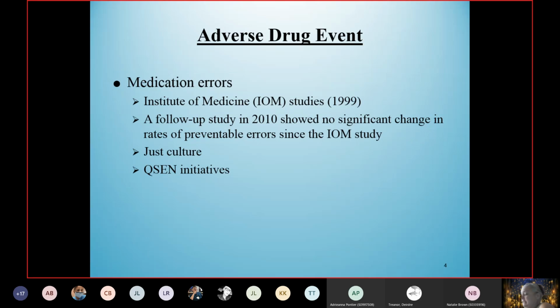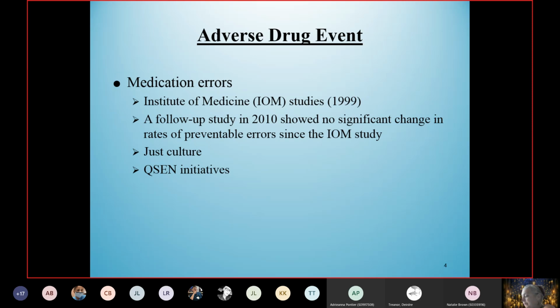So, adverse drug events. The Institute of Medicine, or IOM, produced a report called "To Err is Human." It really brought medication errors to the public.